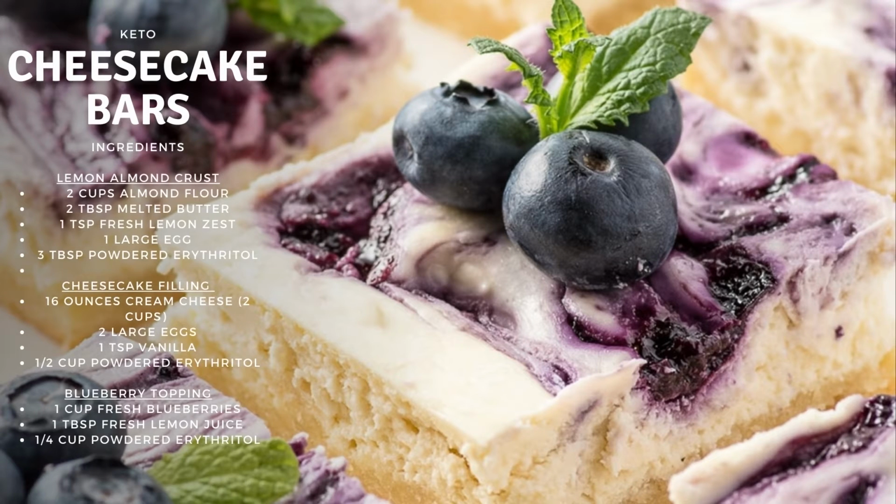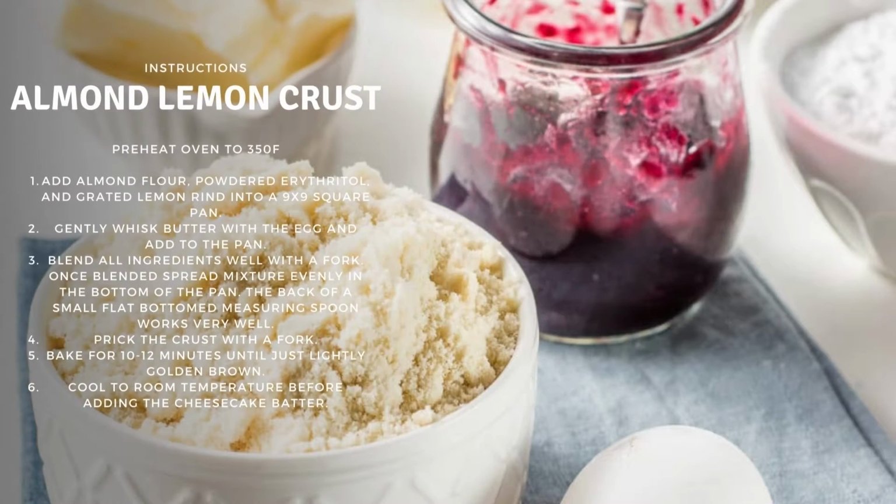The rest of these ingredients you should have in your pantry, except for a keto-friendly sweetener. The crust is going to be a lemon crust, and you want the powdered sweetener of your choice, your almond flour, and all of the other ingredients listed here.